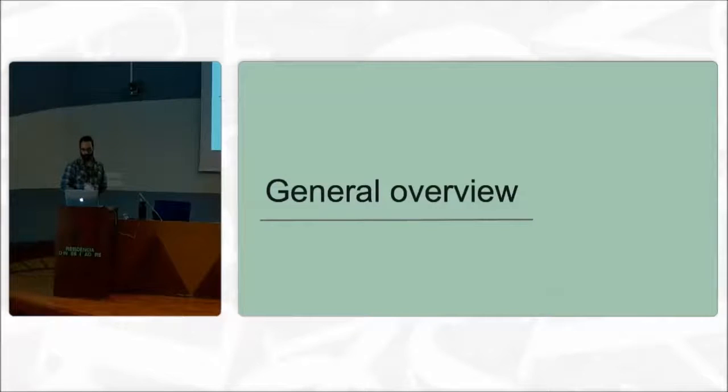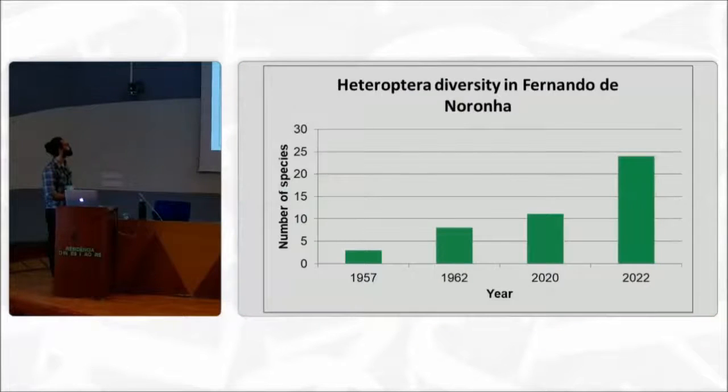And what we got from this last field trip, the survey, was that we increased the number of species for the island. So we had some surveys there, but as you know, it's never enough.